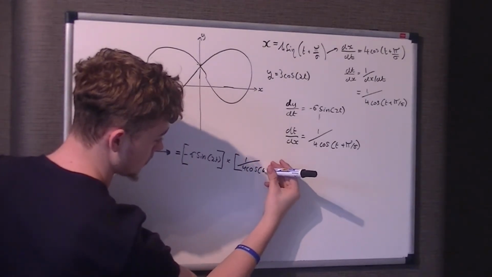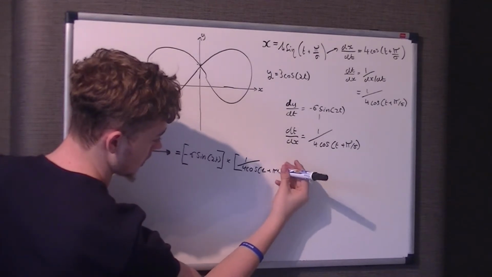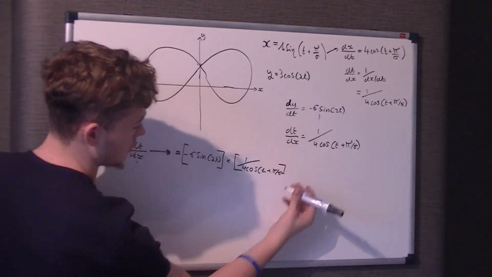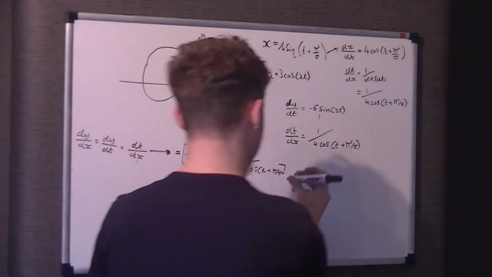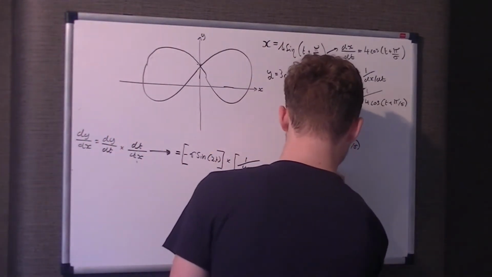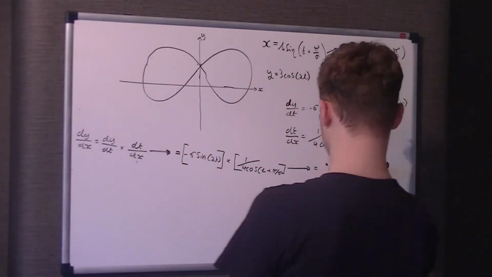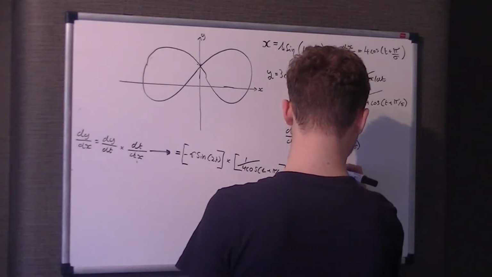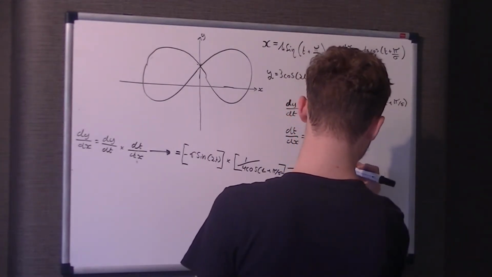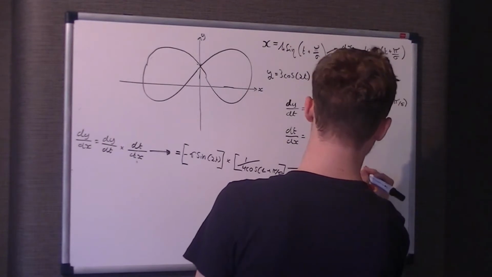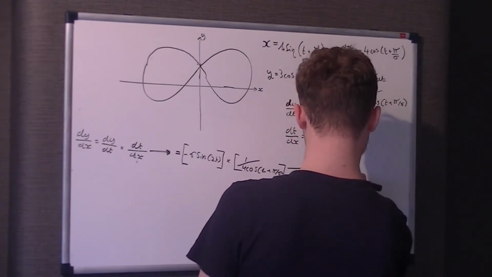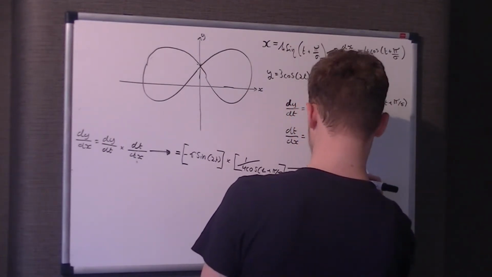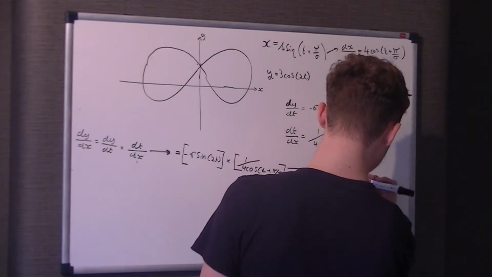Times 1 over 4 cos(t plus pi on 6). So we can simplify this down, and we just get negative 6 sine 2t over 4 cos(t plus pi on 6).